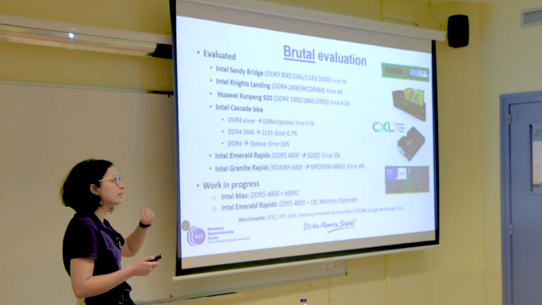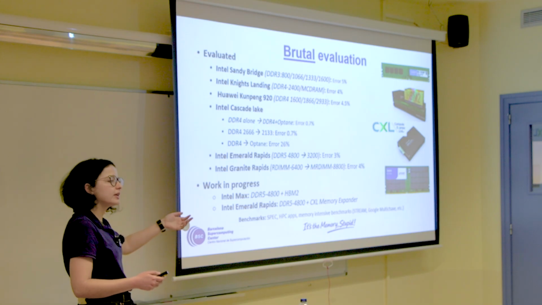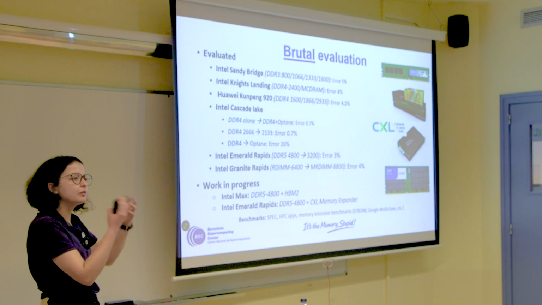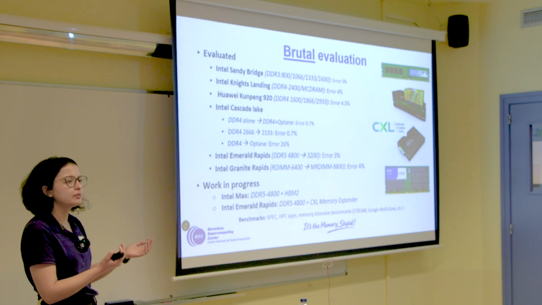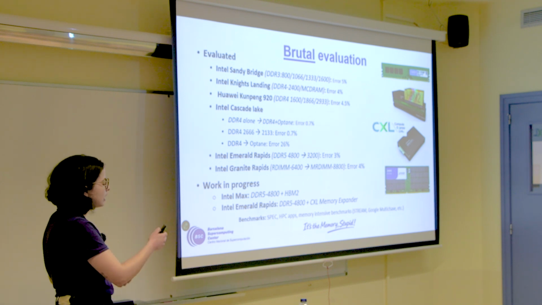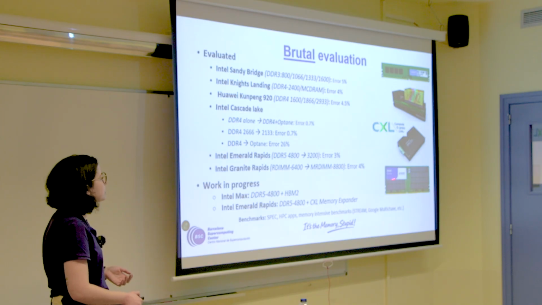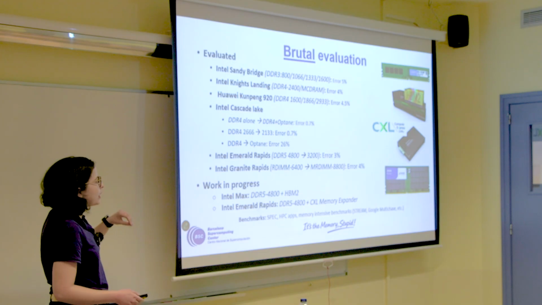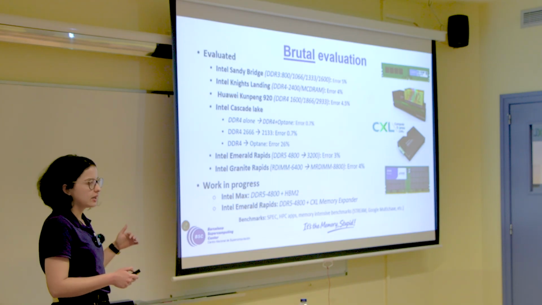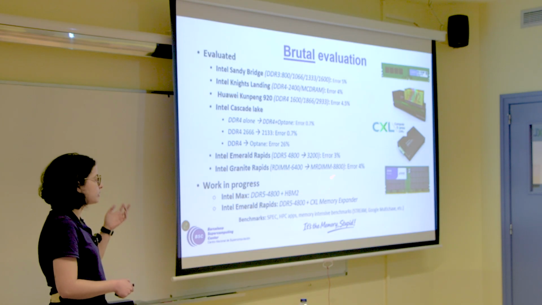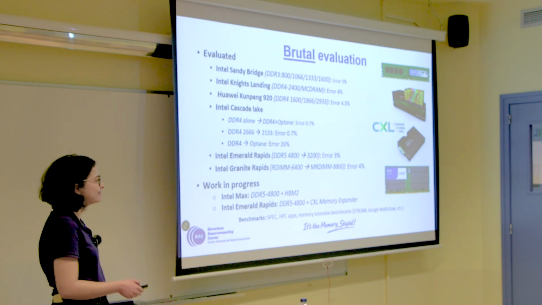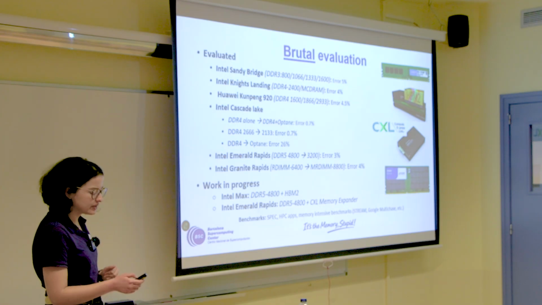We ran the same application on the target memory system, and we checked how my real performance compares with the predicted one. You see that for most of them, the error is below 5%, which is good when we compare to simulators that have a higher error. So this is the evaluation.